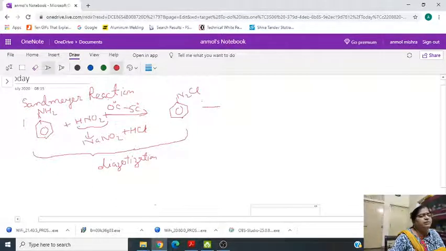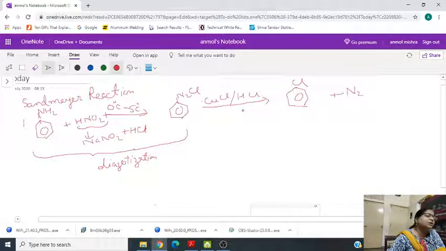And when benzene diazonium chloride reacts with CuCl/HCl, it forms chlorobenzene. If we want to prepare C6H5Br, we can take CuBr/HBr.